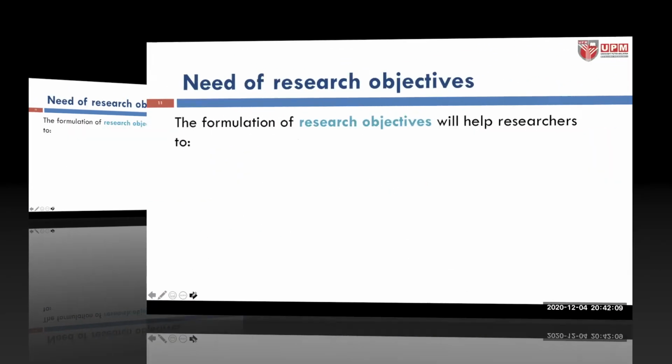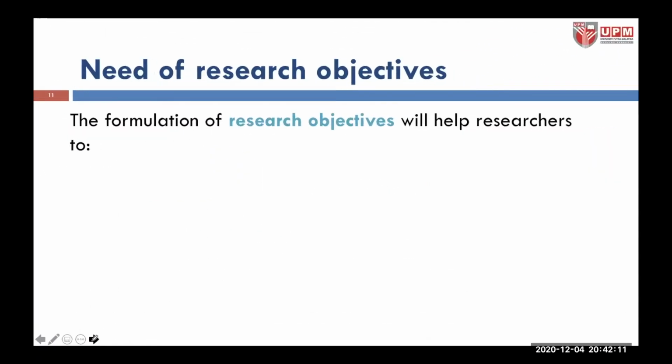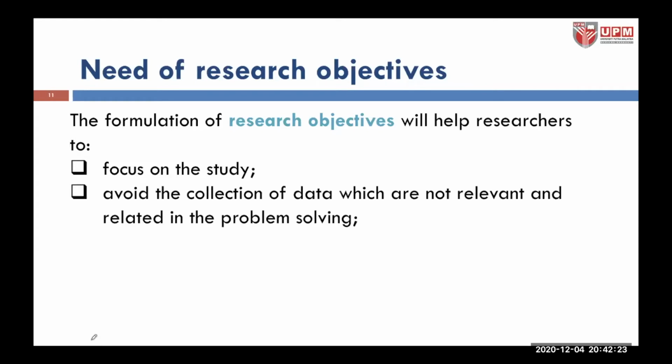All right. In terms of the need, why do we need a research objective? The formulation of a research objective will help researchers to focus on the study. It avoids the collection of data which are not relevant to the problem solving.